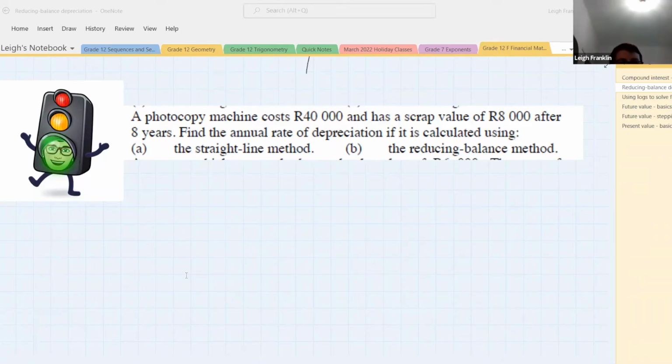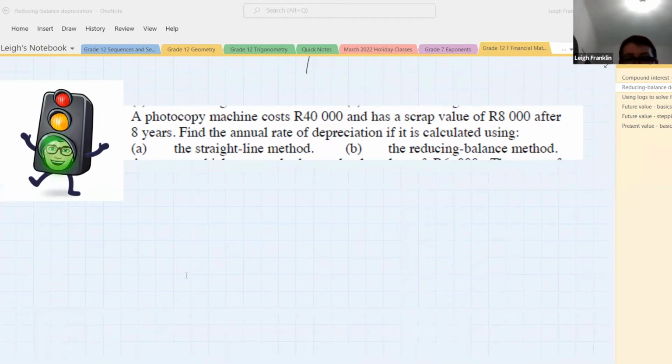Okay, so next question. We have got a photocopy machine. It costs 40,000 Rand and it has a scrap value of 8,000 Rand after 8 years. Your job now is to determine the annual rate of depreciation if it is calculated using, again, A, the straight line method, or B, the reducing balance method.